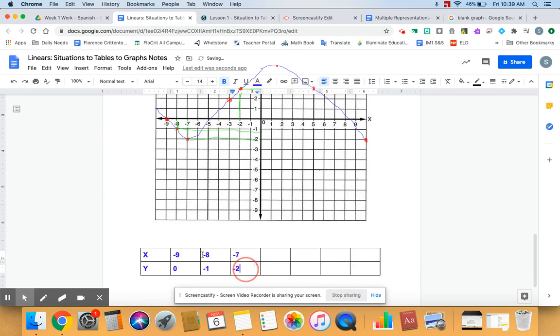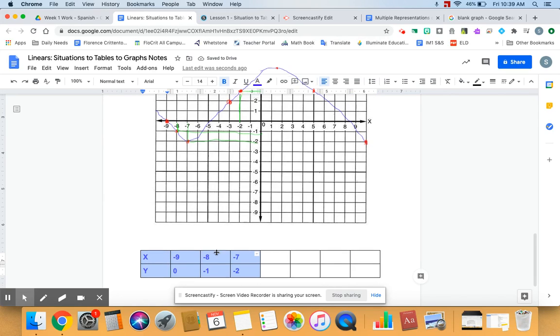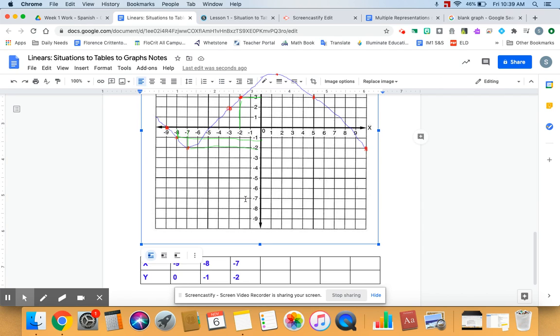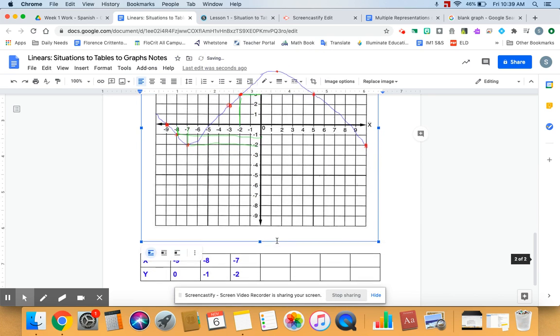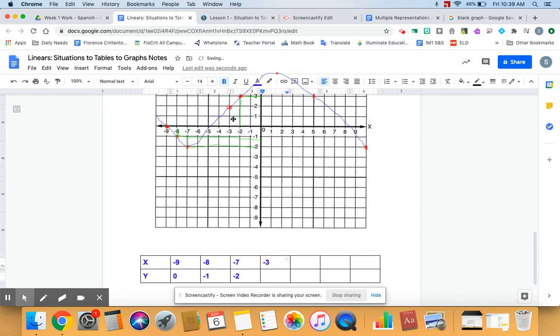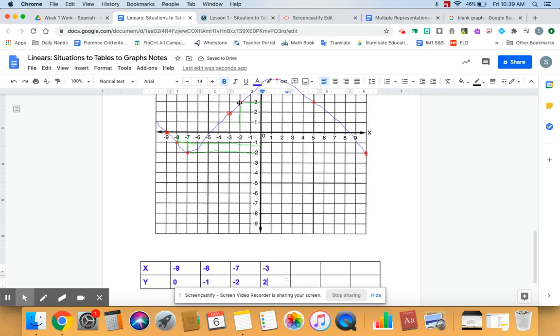Now this is more than enough points to be a table, but just for practice, let's put the other points on there. For this point right here, what's the x? If you look down, it's at -3. And what's the y for this point? It's at +2. This was the point we already did, the first one. What is the x for it?